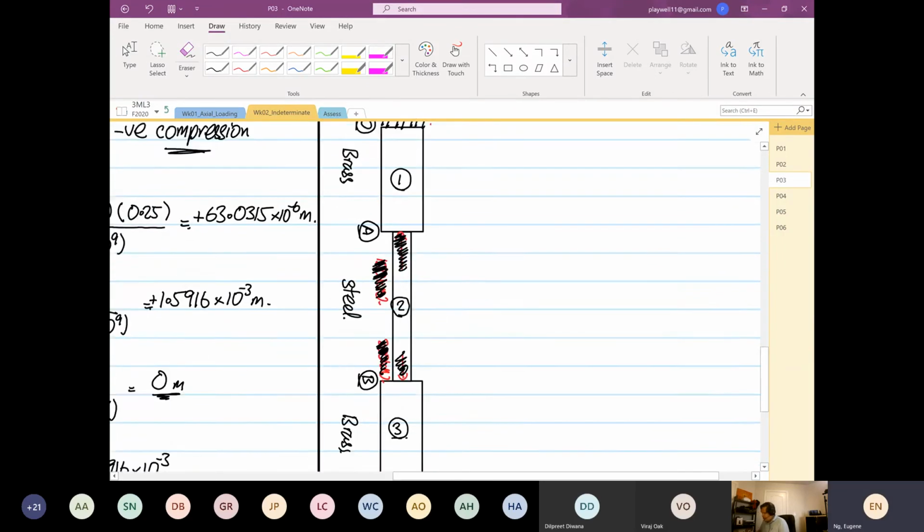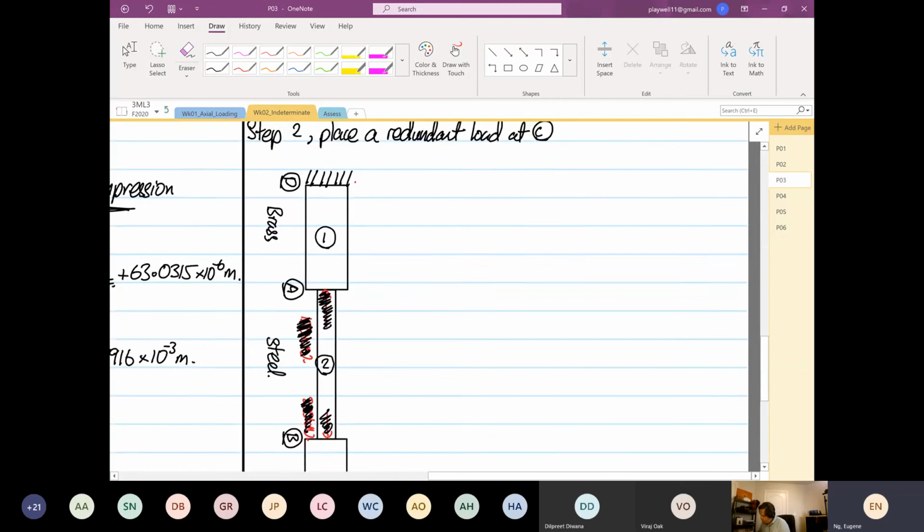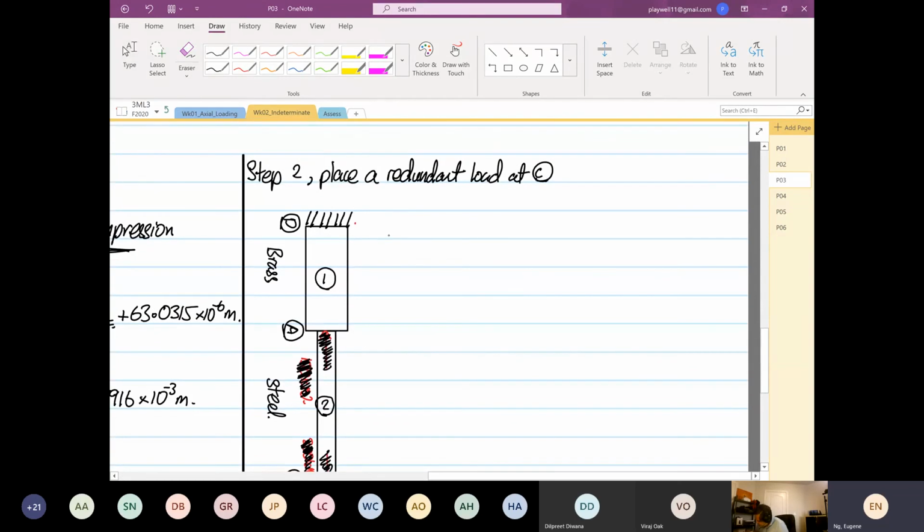Like before, RC is going to induce a compression in section 1, section 2, and section 3. So over here, we're going to write the deflection due to the redundant load. Section 1 is equal to minus RC, the redundant load at C, multiplied by the length.